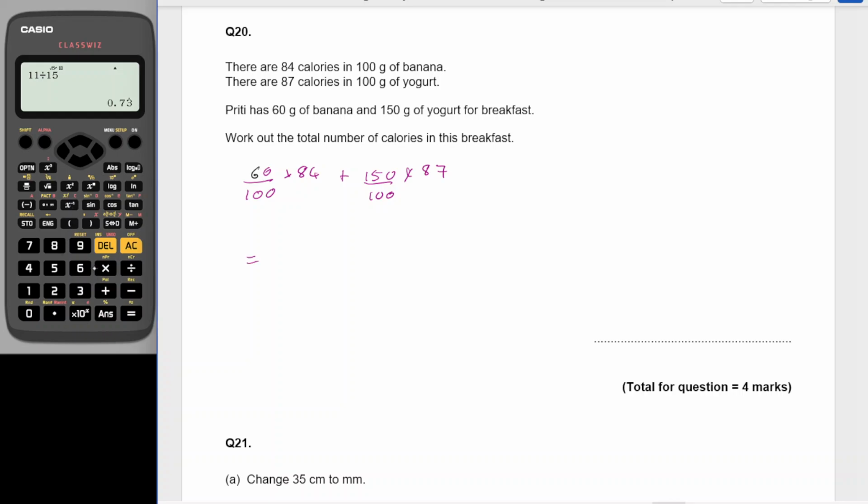So I'm going to just tidy up slightly as I go. So 6 over 10 times by 84 plus 1.5 times 87. So we've got a total of 181.5 calories.